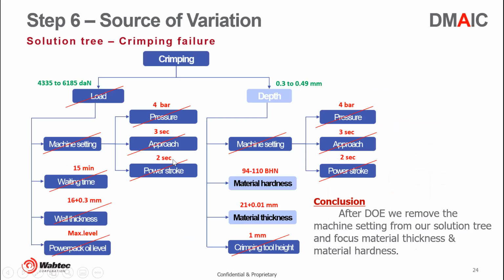Then we went into this. If you look at this solution tree where the crimping failure was happening, material hardness, which was 94 to 110 BHN, and material thickness, which was 21 plus 0.01, was also an important factor. So the conclusion was that we need to get into material thickness and material hardness.